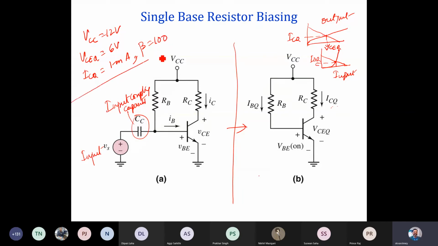Can we find the resistor connected to the collector terminal, and the value of RB? VBE on is 0.7 volts. So let's try it out. Please do it.